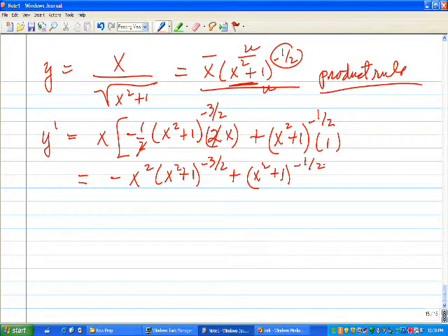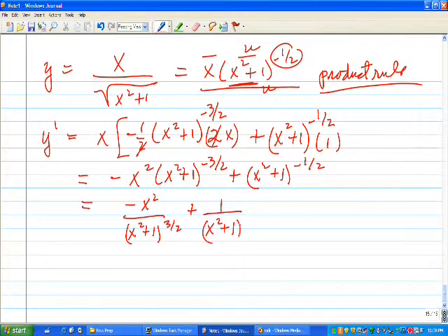And if you simplify this, you get minus x squared over x squared plus 1 to the 3/2 power plus 1 over x squared plus 1 to the 1/2 power.